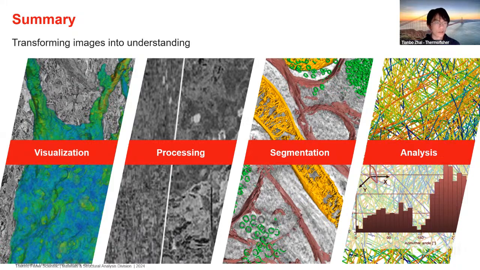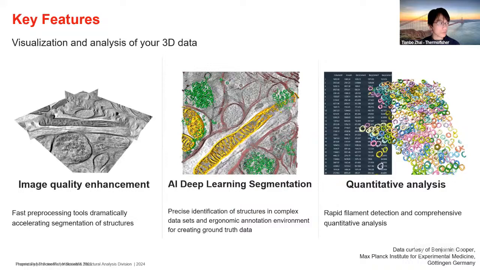And of course, many meaningful statistics, a long list of available measures, are also available for you to use. And as you can see, some of the strengths of the software are to enhance the quality of the image and the embedded AI-assisted segmentation tool. And of course, a very comprehensive quantitative analysis.